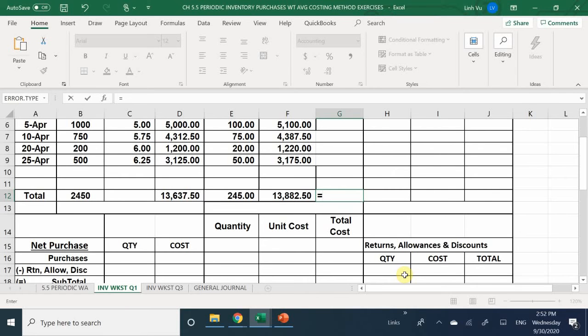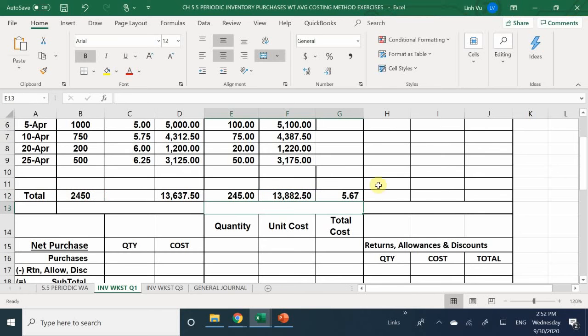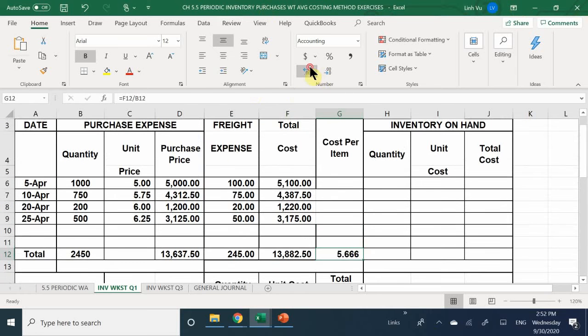We take your $13,882.50 divided by the 2,450 quantity. So we should get a total of $5.67. We'll expand that so we know it's not only 67 cents, it's that long number.